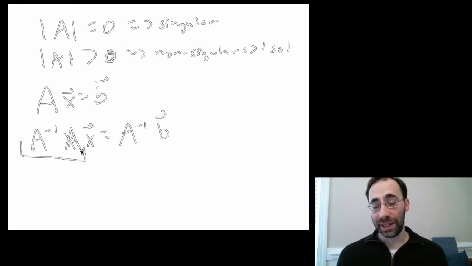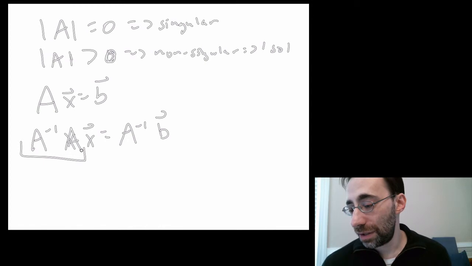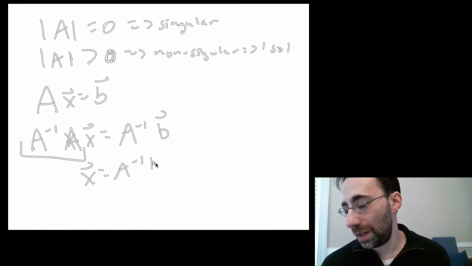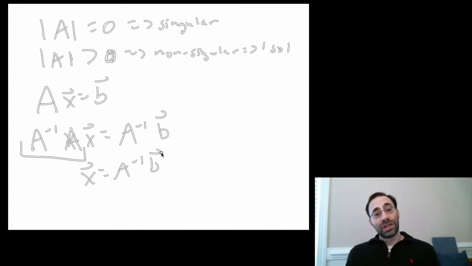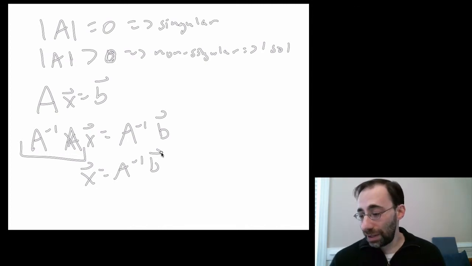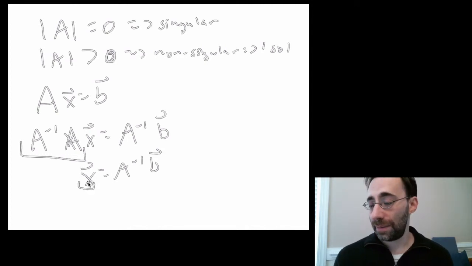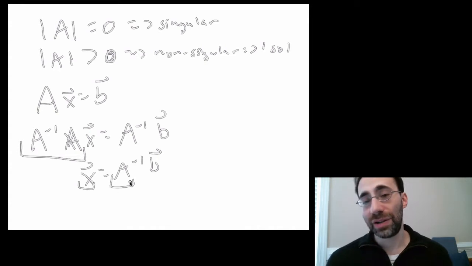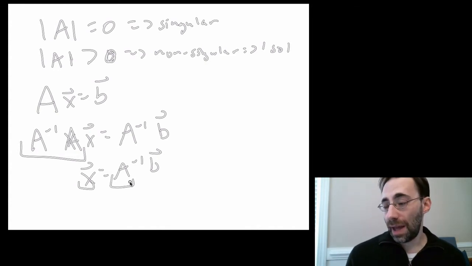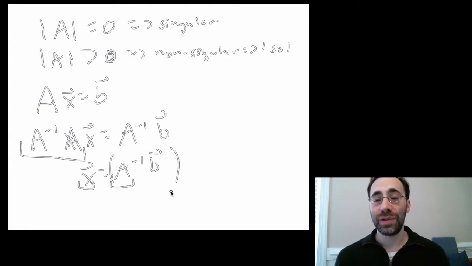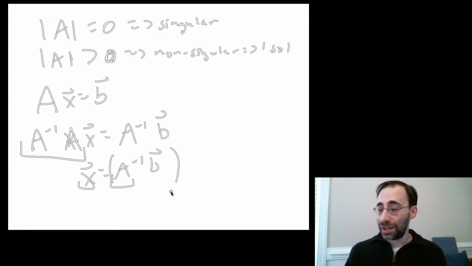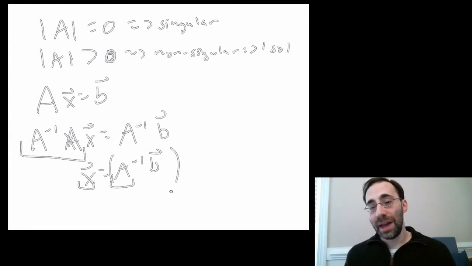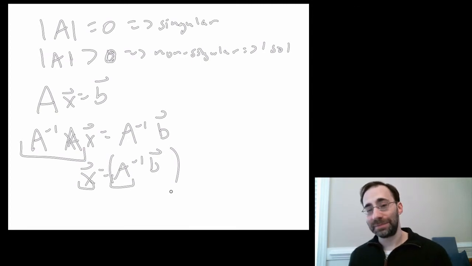A inverse A is the identity matrix. The identity matrix times anything returns itself. So this is going to equal x, and then you have A inverse B on the right side. So you can solve for your x vector solution by inverting your matrix and multiplying that inverted matrix times the right-hand side of your equations in vector form, and that'll produce the vector of solutions.